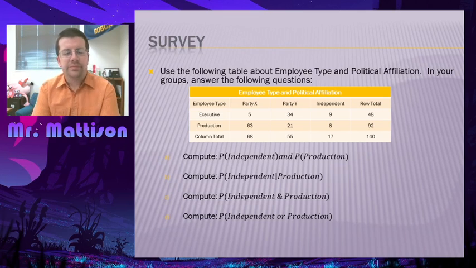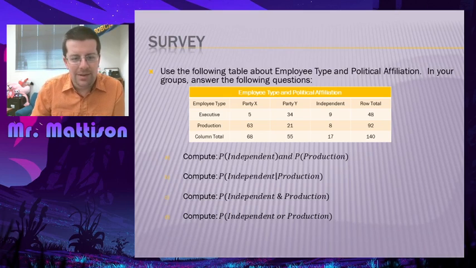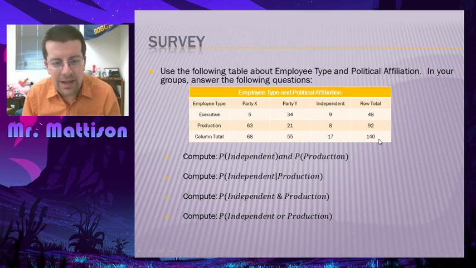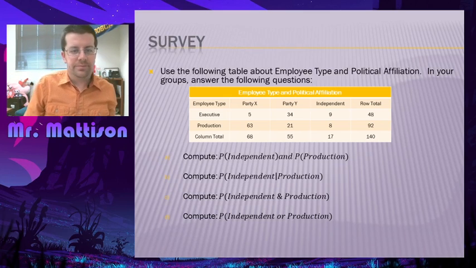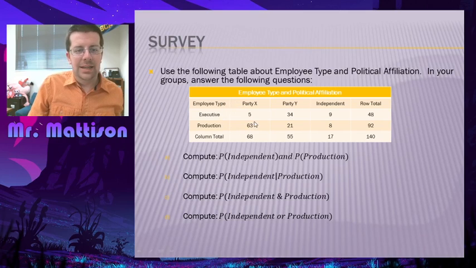Okay, so first of all, let's find the probability that we're independent and the probability that we are working in production. The probability that I am independent is 17 people out of the 140 total. The probability that I work in production is 92 out of the 140 total.